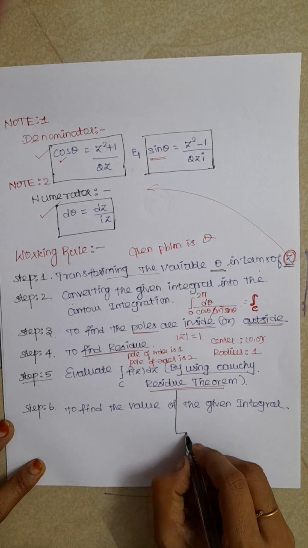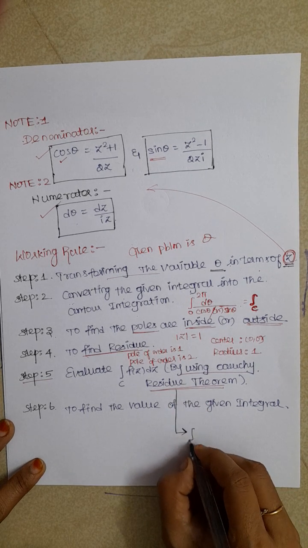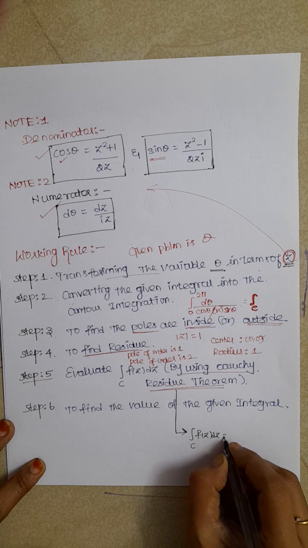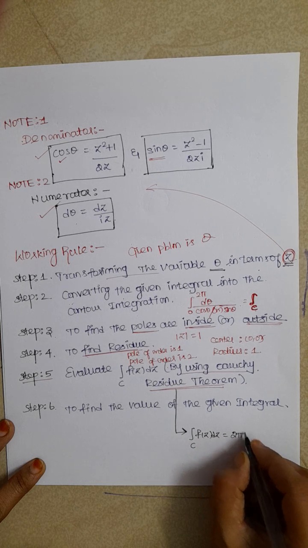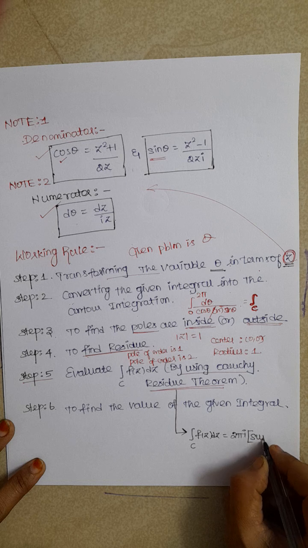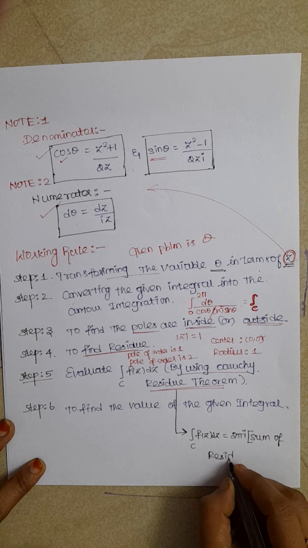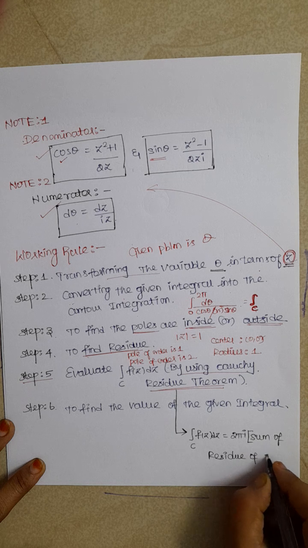The Cauchy residue theorem says that the integral over C of f of z dz equals 2 pi i times the sum of residues of f of z.